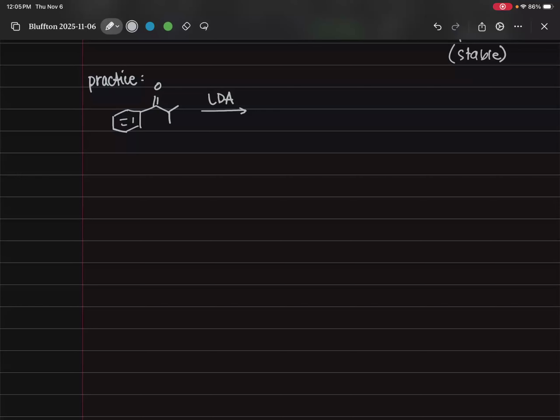Okay, another sort of exception where it's okay to use a weaker base is in the case of beta diketones. So hang on, I'll draw it in a second, but beta diketones are very acidic, and acidic means easy to deprotonate.